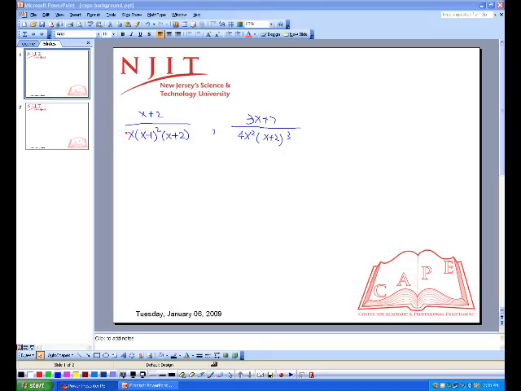For the first rational expression, the denominator is multiplied by a constant of 1. So it's really only just multiplied by 1. But the second expression is multiplied by 4. So you have to find the least common factor between 1 and 4. Okay, so that should be 4.